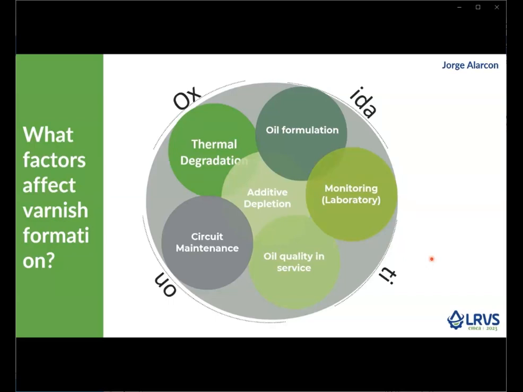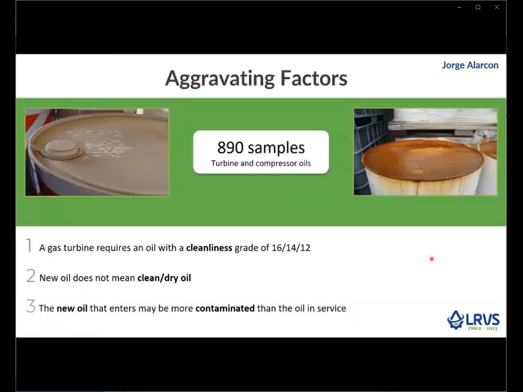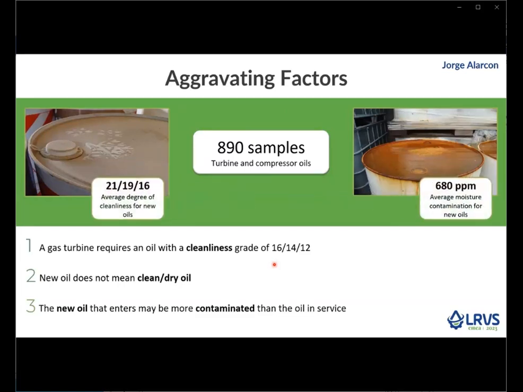We can say at some point that those are triggers for varnish formation. All right, so what else? Some other aggravating factors, of course, not only for varnish formation, but remember that we said the varnish will be acting like a net, and that net will catch contaminants like water and solid contaminants that will create a problem not to the oil but to the system mainly, right?